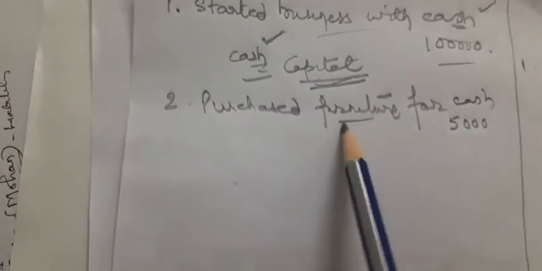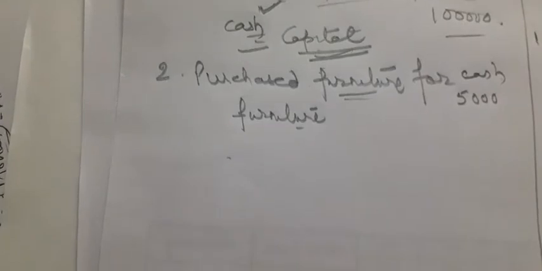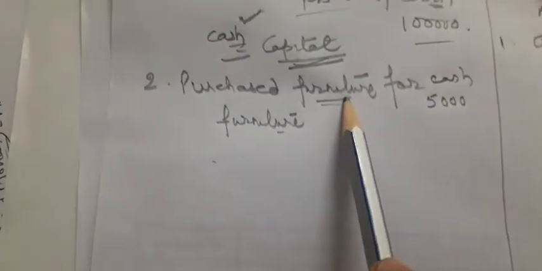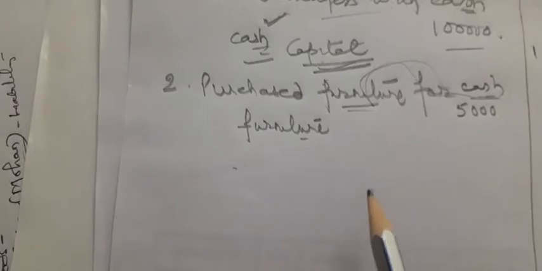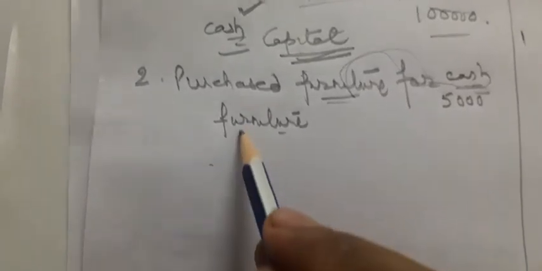When we are purchasing furniture, furniture is coming in the business, so one aspect is furniture. And when something is coming in, something must be going out also. For purchasing furniture, we have to pay cash. Cash is going out of the business. So the two aspects involved are furniture and cash.